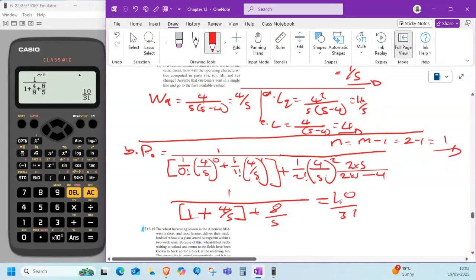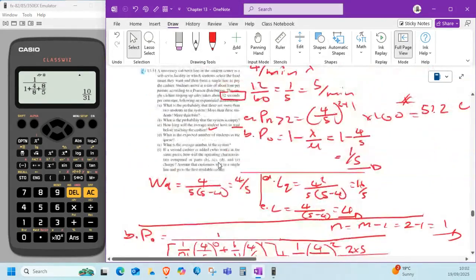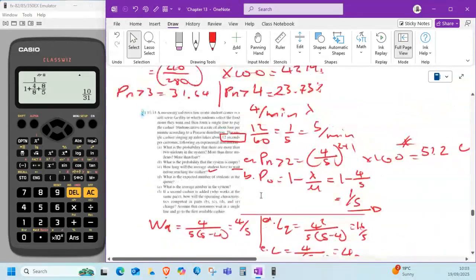Take it as a fraction. Then now number B, we are looking for, is it C? How long will the average student have to wait? That is WQ. So the WQ, if you look at your formula sheets, you will realize that in order for you to get WQ, you must look for LQ.